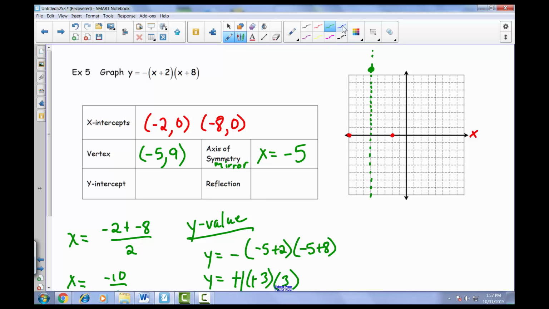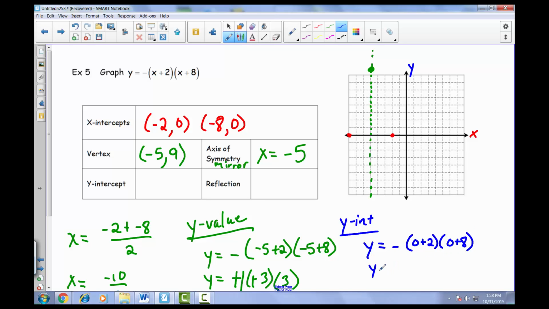Now for the y-intercept, the game is always the same. You're just throwing in 0 for x because you're trying to figure out where it's crossing the y-axis. We don't really know where that's happening, but we at least know that our x values are not moving left or right any, and that's why we're throwing in 0 for x. So we have y, which we don't know, equal to -0 plus 2 times 0 plus 8.